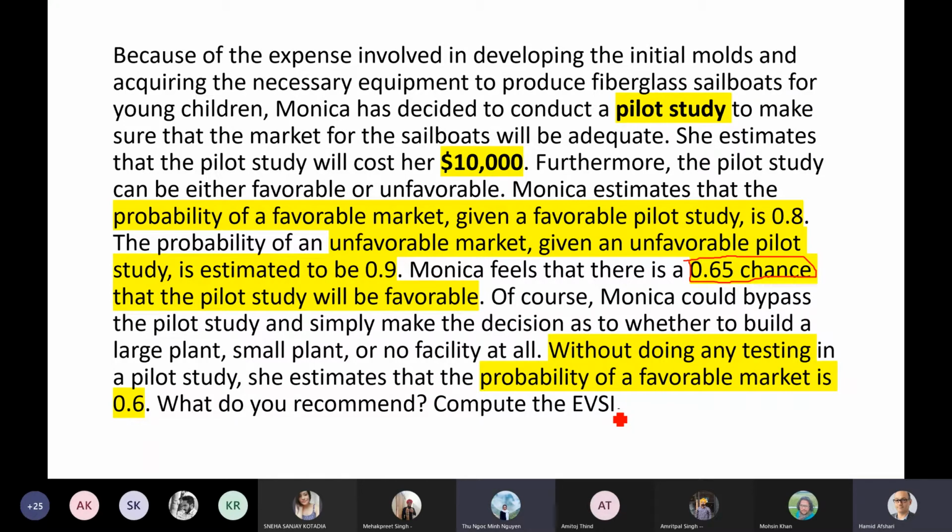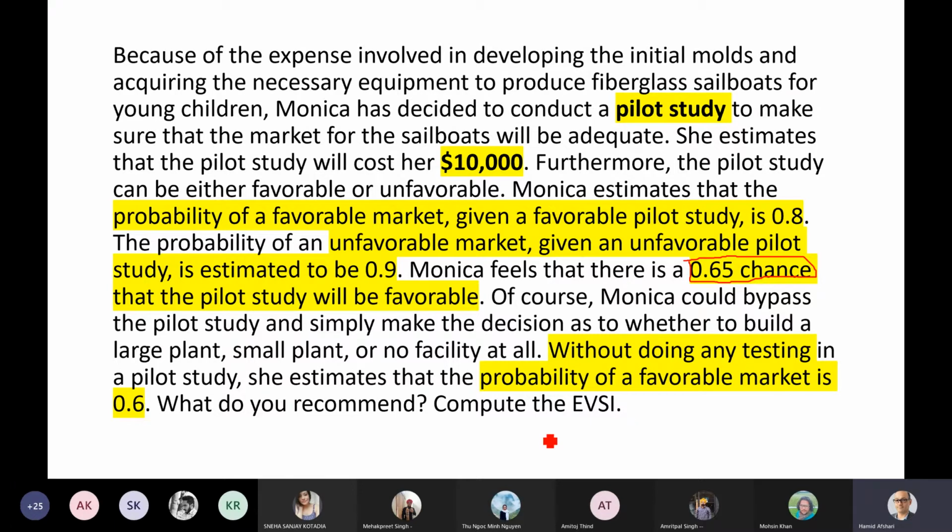The problem here is not to make a small, large, or no plant. The problem here is, should we perform a pilot study or not perform a pilot study? This is very important. So we should design the decision tree so that the main decision that we want to make is this decision, either perform a pilot study or not perform a pilot study.